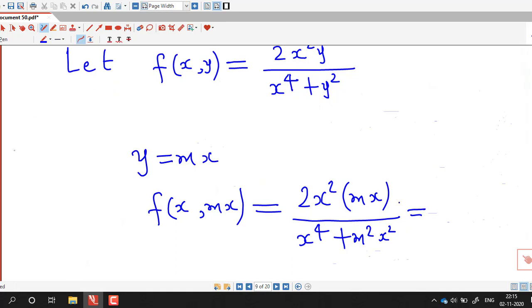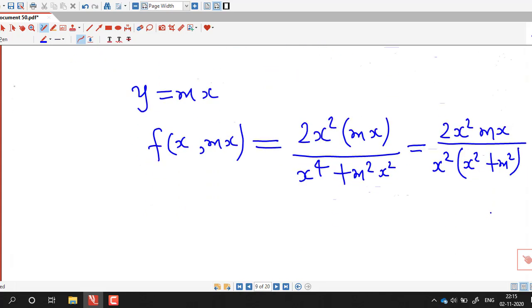You can see one x square will cancel out. Here we have 2x square m into x, and we can take x square outside common. So here we are left with x square plus m square. So if we cancel out x square, we have 2mx divided by x square plus m square.